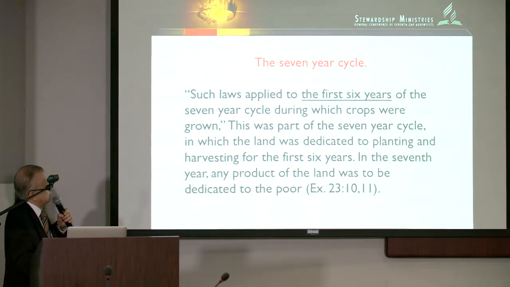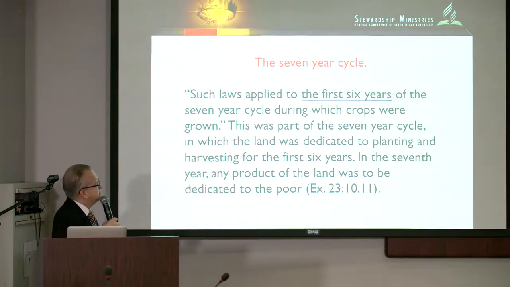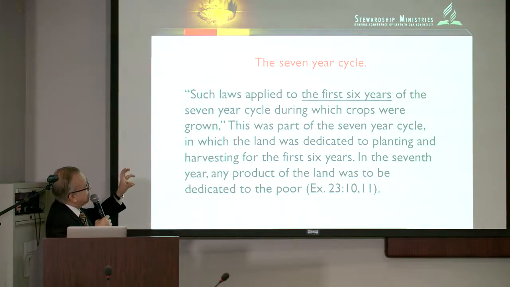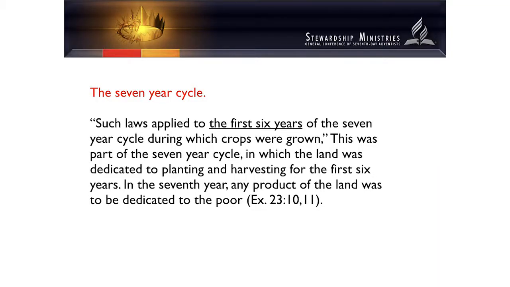Now, for this part, we need to explain some things. The Hebrew system has a 7-year cycle, and such laws apply to the first 6 years of the 7, because you know the 7th was Shabbat, when the land was not cultivated.